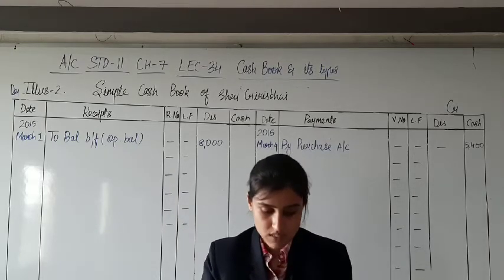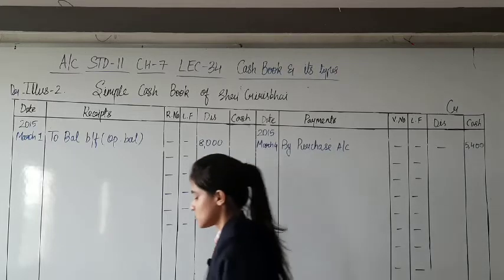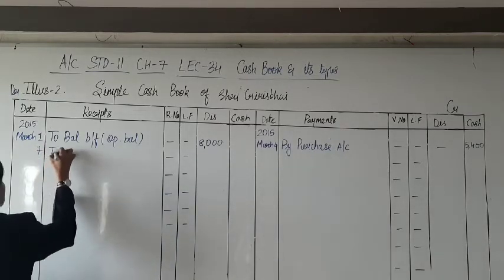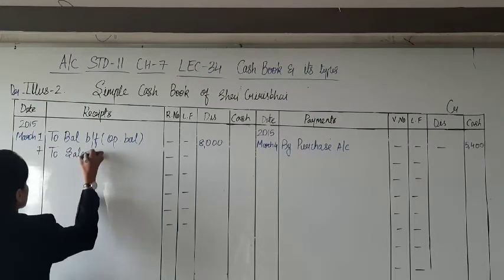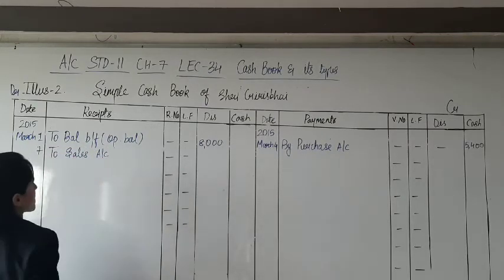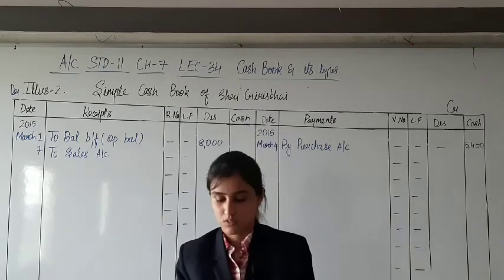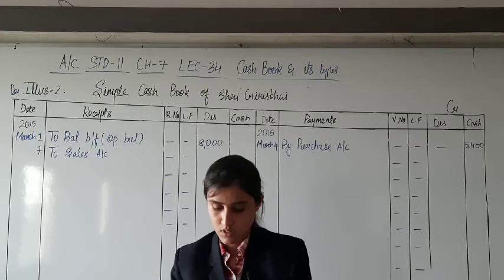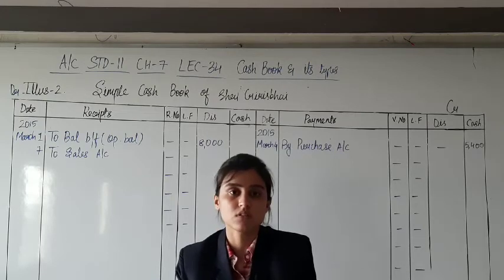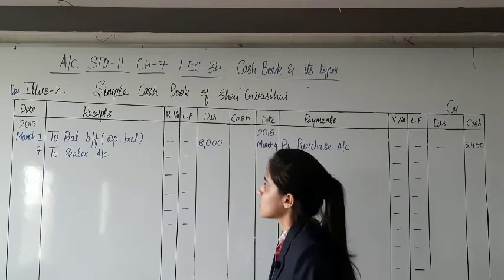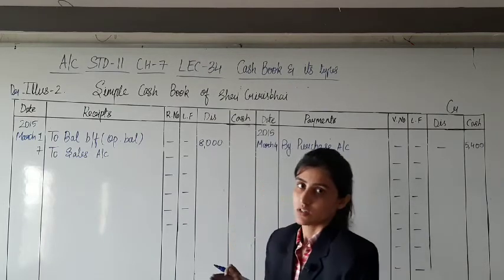So on debit side, 7th of March, to sales account, goods of rupees 3000. What is 5% of 3000? It is 150. So 150 is the discount. Yes?